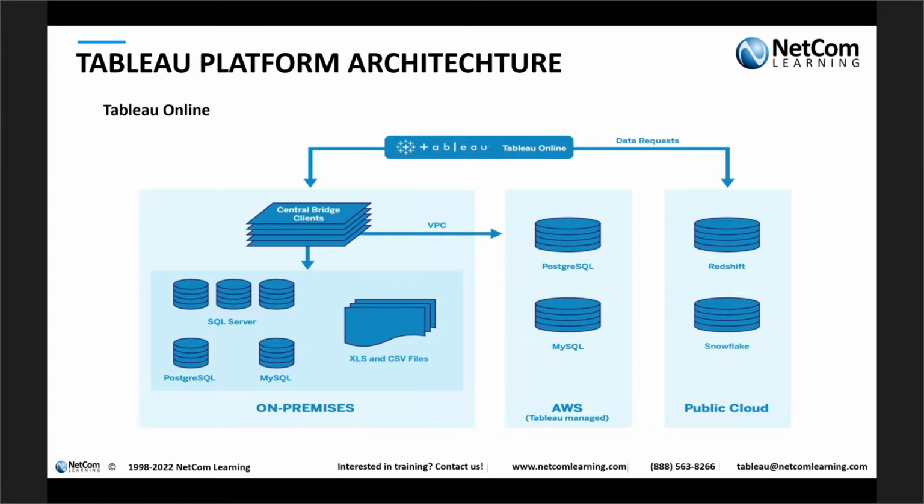To connect to your on-premise services, you have a client using which you can connect to all of the data sources, bring in all of this information, and make it available on Tableau Online. Apart from that, all the data requests that go through from Tableau Online are eventually made to Redshift and Snowflake when we talk about public clouds. And when we talk about a Tableau-managed environment, these requests are actually placed on PostgreSQL and MySQL behind the scenes.